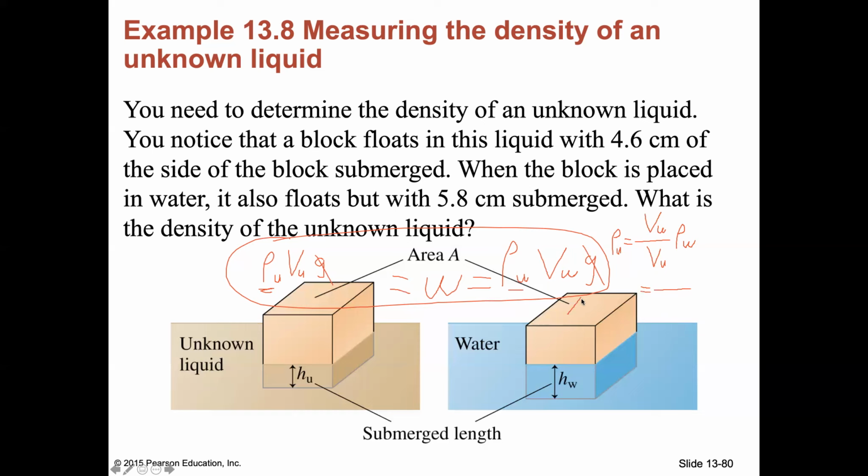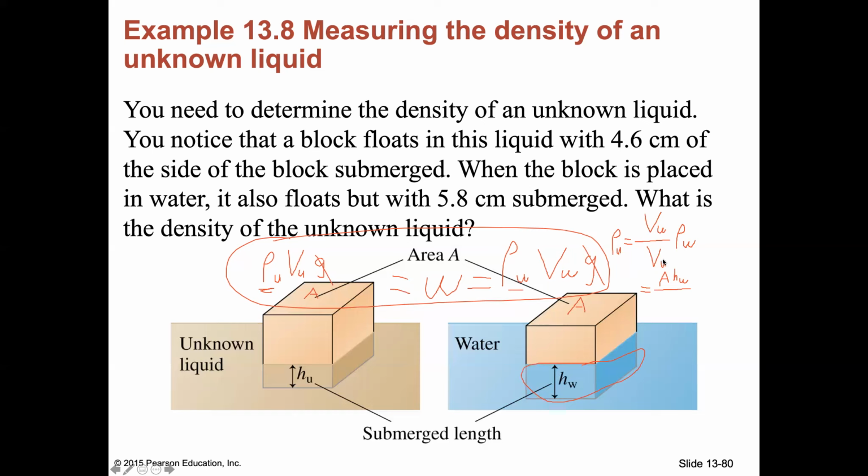Let's say the area is A. The top area is A. And then the V equals A times H water, because we want to calculate this part, the submerged or immersed part of the volume. So it's A times HW.